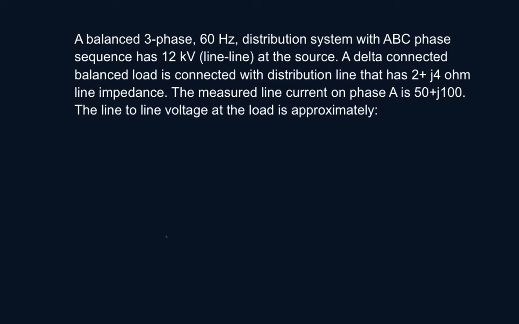So first things first, you have to draw the circuit, unless it's given, of course, but you have to put your parameters on the circuit to be able to visualize what you're doing. You can either start at the source or at the load, but let's start at the load. It's a balanced, delta connected load.